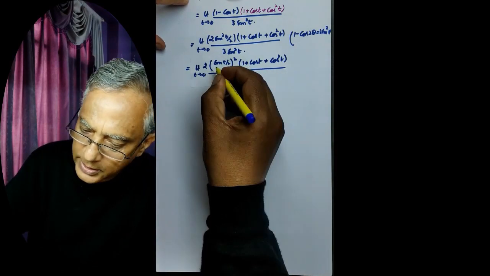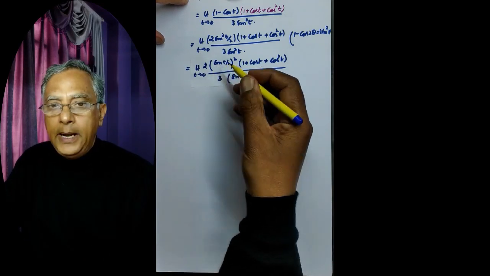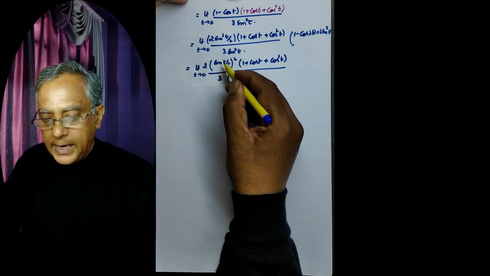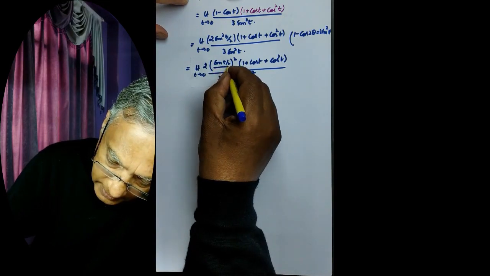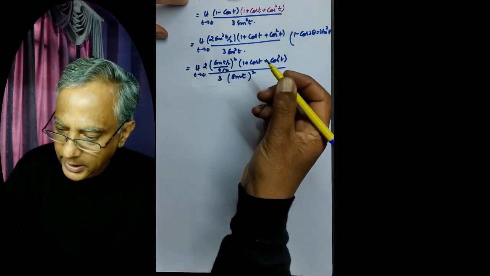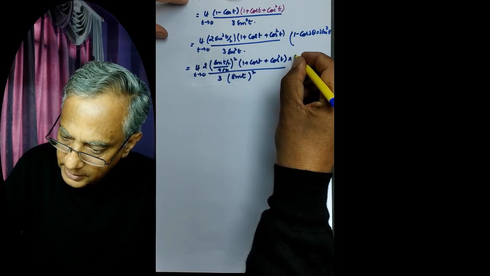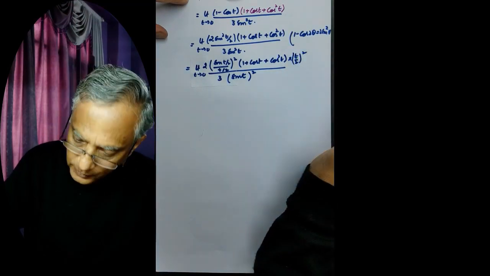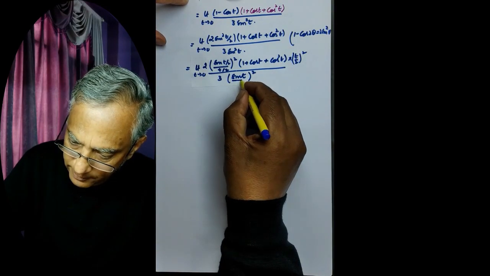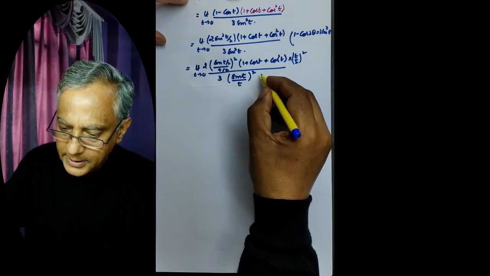Now what we do is, formula is limit x approaches 0, sine x over x is 1. So we make t by 2 here, so we adjust t by 2 here. This will be t by 2 whole square. And it is sine t, so we make t here and adjust t.